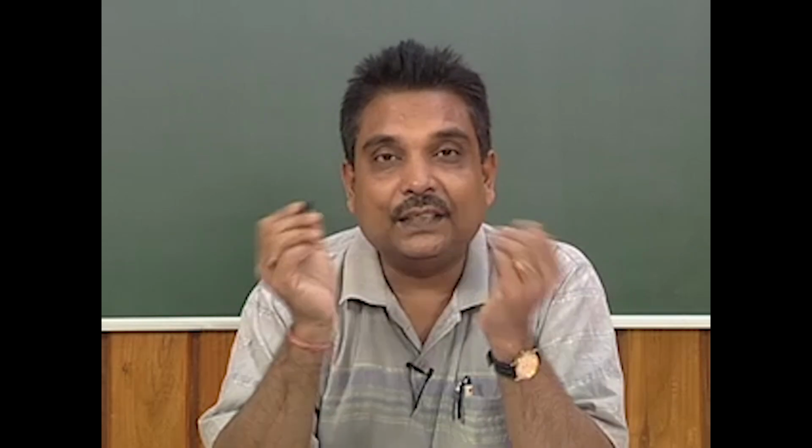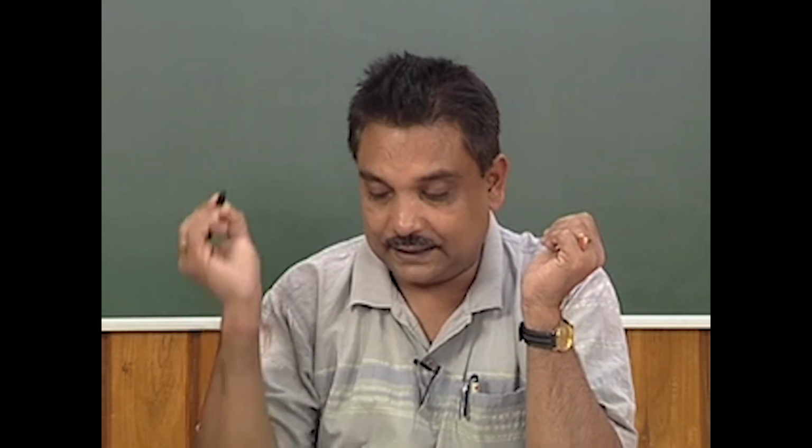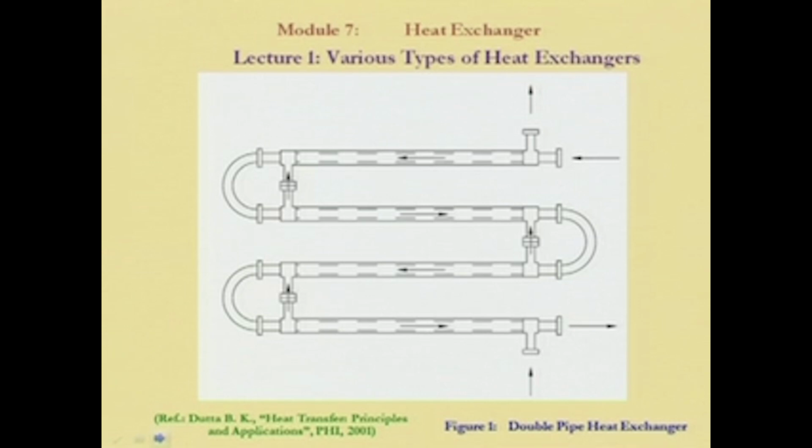To start with, a very common and important one is the double pipe heat exchanger, and here a typical sketch is given. In a double pipe heat exchanger, there are two concentric pipes. This is the inner pipe, and the bigger one is the outer pipe, and they are usually coaxial in nature.